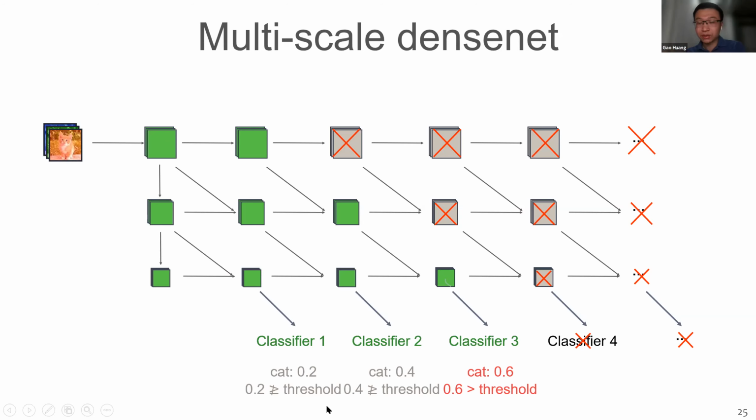If we make the threshold higher, the network will be more conservative. More samples will exit from later classifiers, so it will use more computation to achieve higher accuracy. If we make the threshold lower, the network will be more aggressive. It will use less computation, but of course the accuracy will decrease.